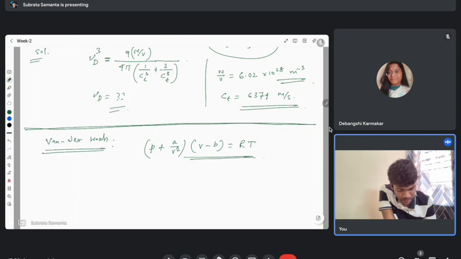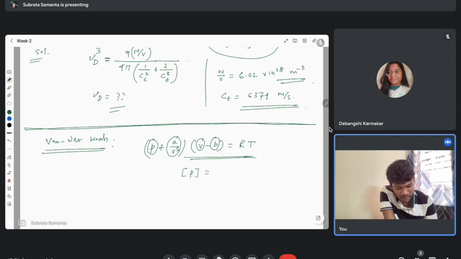So when we add two quantities, they must have the same dimensions. When we add or subtract, the dimension of B and the dimension of A/V² must be the same.